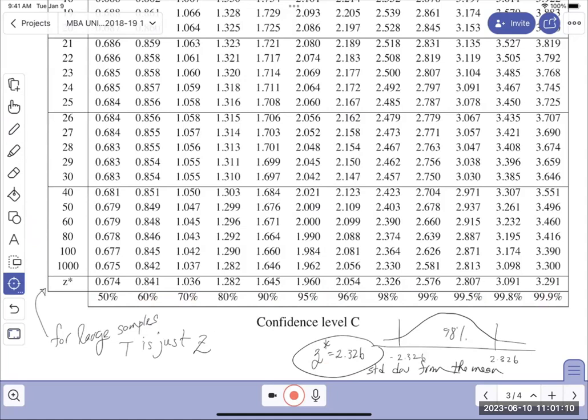Now, what if you wanted a confidence interval for 97%? What should you do?